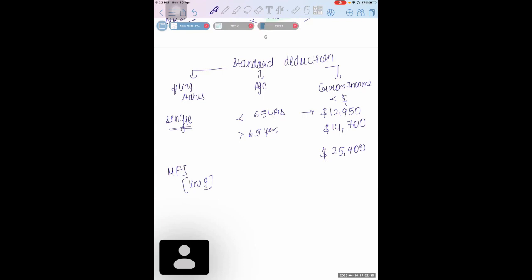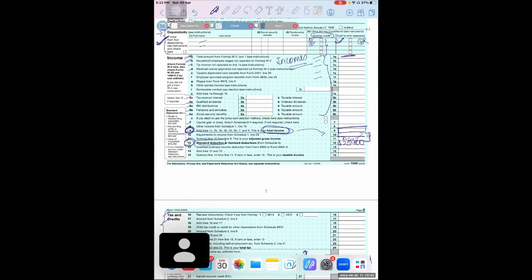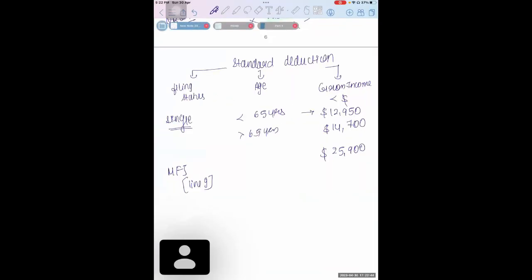Or I can say directly, you can see line number 12, standard deduction. Directly 25,900 will be deducted from your gross income, right? After that there will be some adjustments and there will be AGI. We'll come to it. Don't worry about the terminology; we'll understand that in a deep manner.